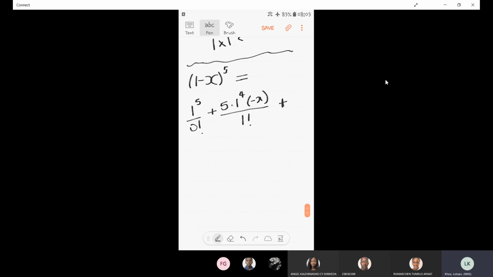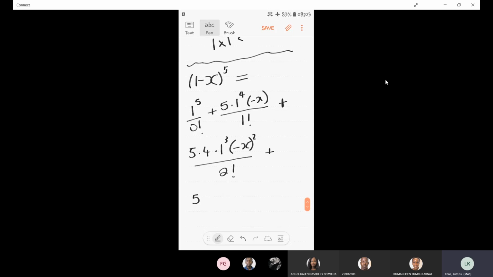And then I have 5 times 4 times 1 to the power of 3, minus x squared. Divide this by 2 factorial.